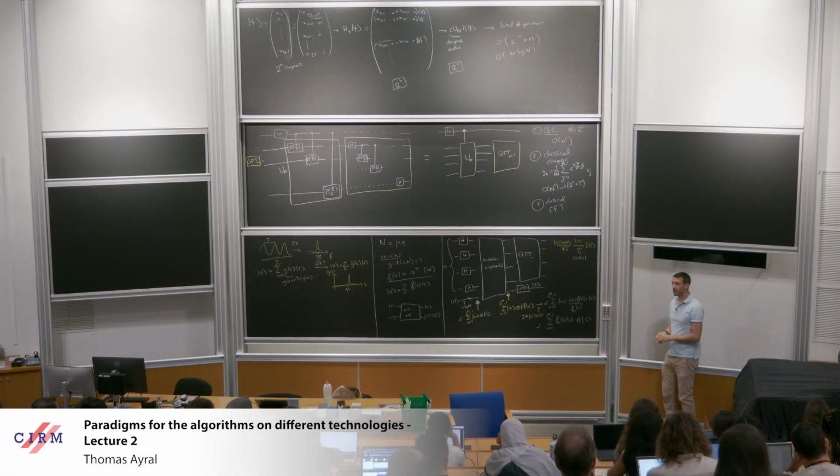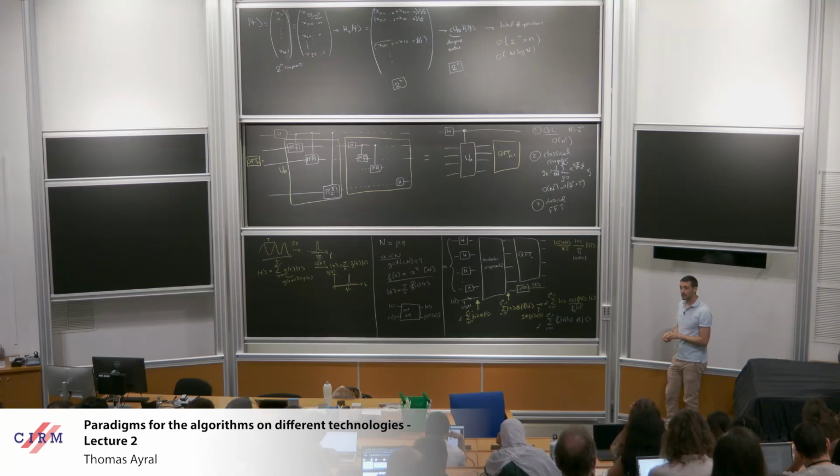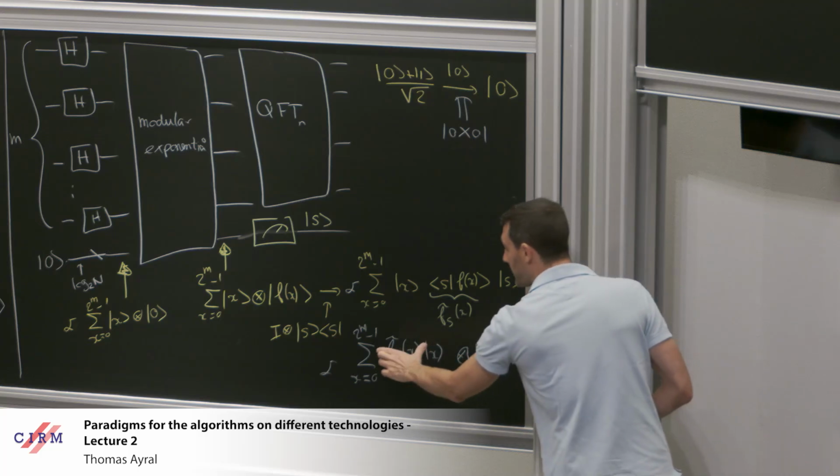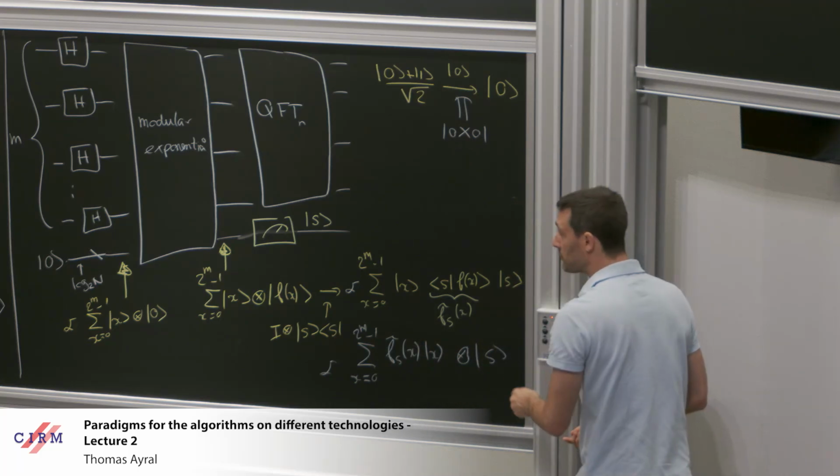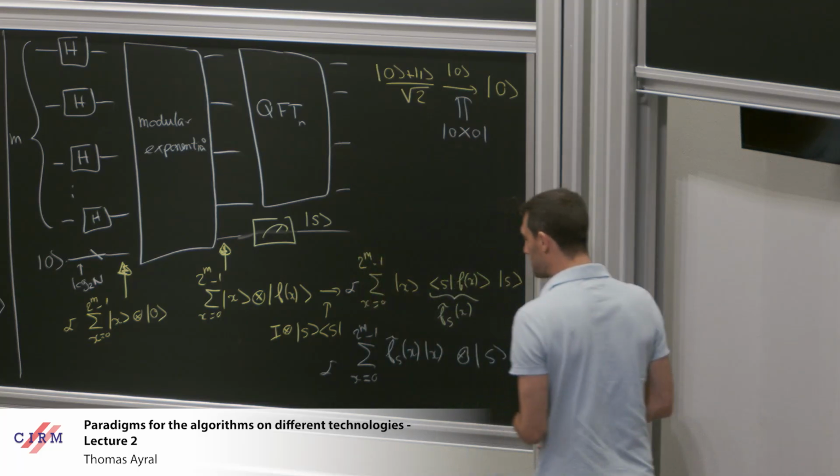Does everybody agree with that? So is this state factorized between the two registers? Is everybody convinced that here it's really a factorized state? This tensor this. So it's no longer entangled between the two registers.